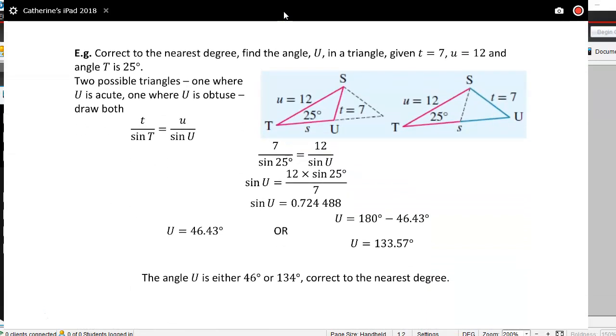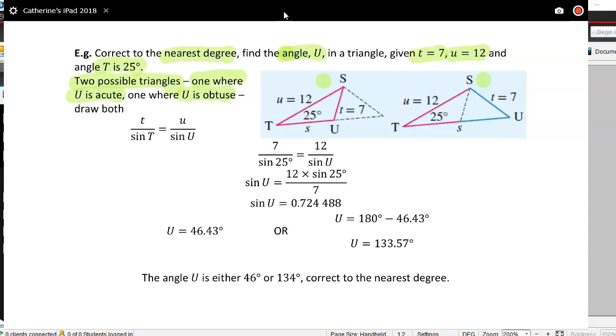So, worked example. Correct to the nearest degree. Find the angle U in a triangle given that t equals 7, u equals 12, and angle T is 25 degrees. So there's two possible triangles, one where U is acute and one where U is obtuse. So we can draw both. You can see my two triangles here.